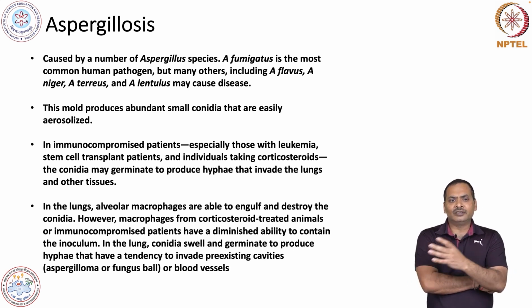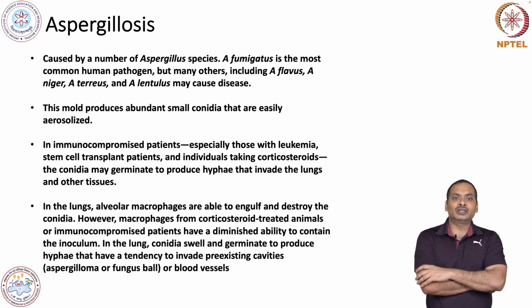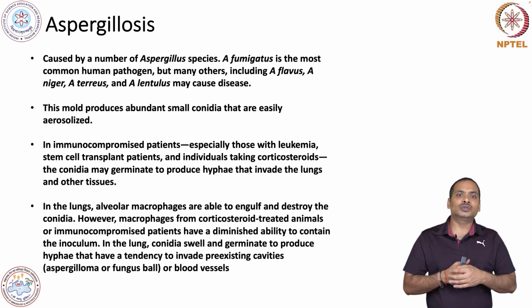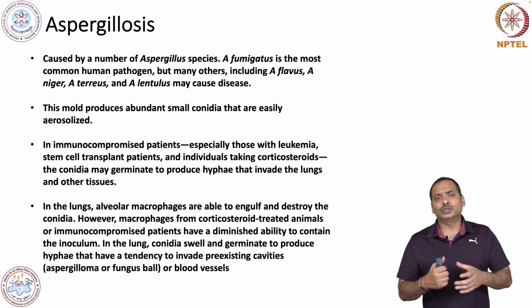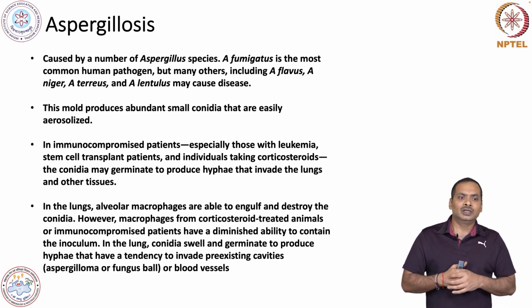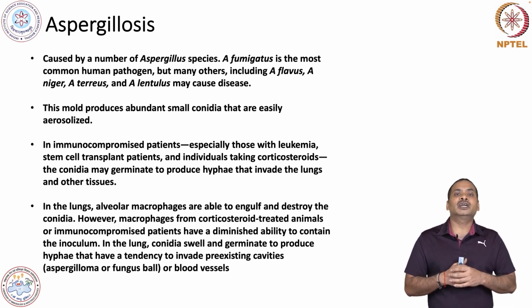In the lung, alveolar macrophages are able to engulf and destroy the conidia. However, macrophages from corticosteroid treated animals or immunocompromised patients have a diminished ability to contain the inoculum.